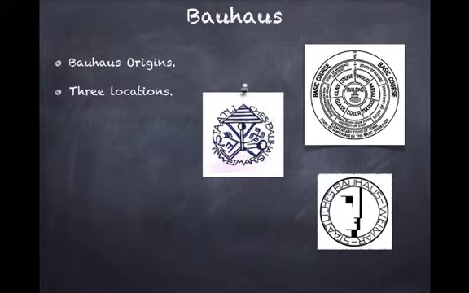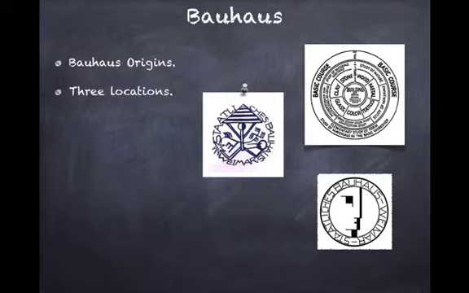Henry van de Velde, the headmaster of the School of Art and Craft in Weimar, Germany, was asked to leave the country at the outbreak of World War I. He was replaced by Walter Gropius, a German architect. In 1919, Walter Gropius reorganized the school and renamed it the Bauhaus School of Design.